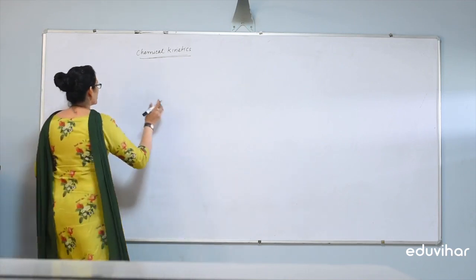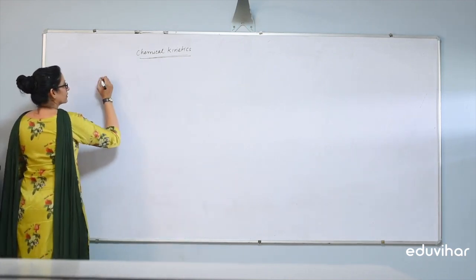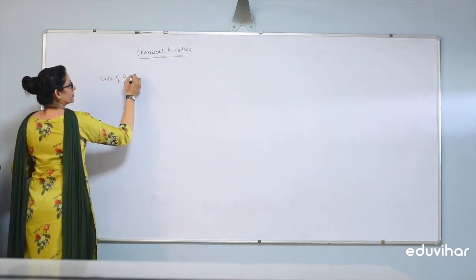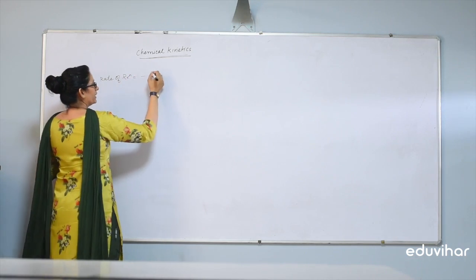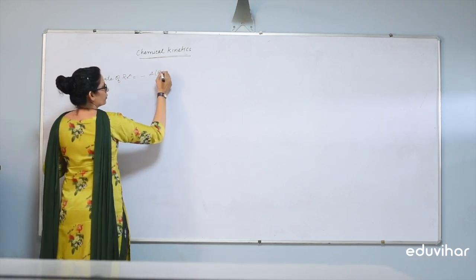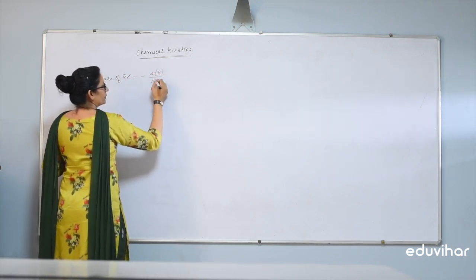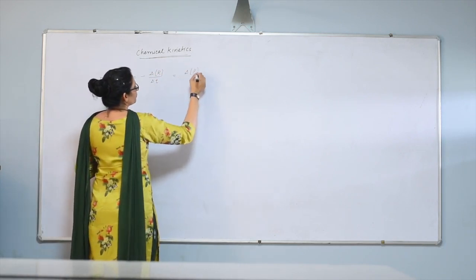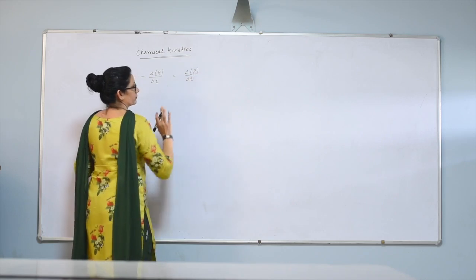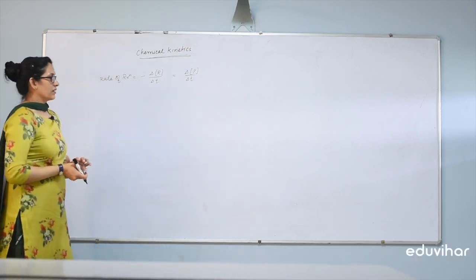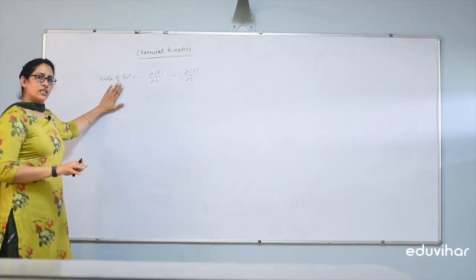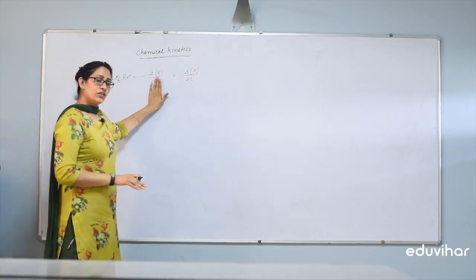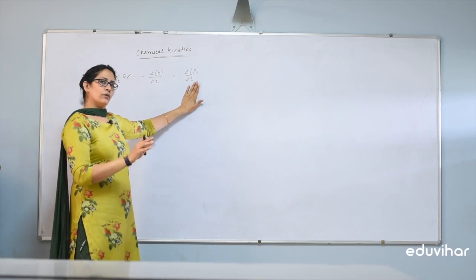In mathematical expression we write down the rate of reaction is equal to negative change in concentration of reactant with respect to time, that is also equal to change in concentration of product with respect to time. We understand this thing: whenever rate of reaction is calculated, in terms of reactant it is the same as in terms of product.